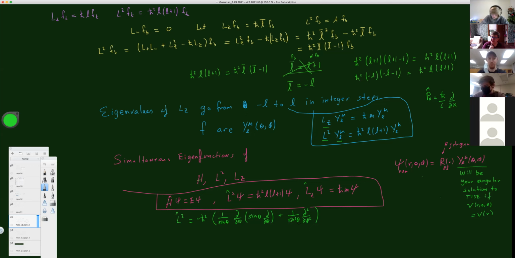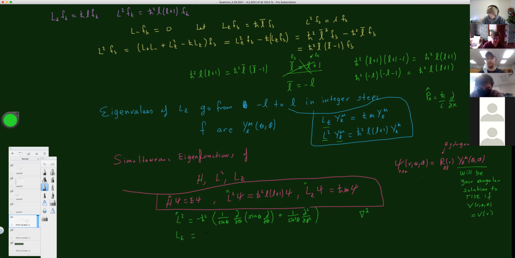This is the angular part of del squared with an h bar squared in front of it. Remember del squared in spherical coordinates? Big nasty thing. This is the big nasty part of it that's the angular part, with a minus h bar squared out in front.